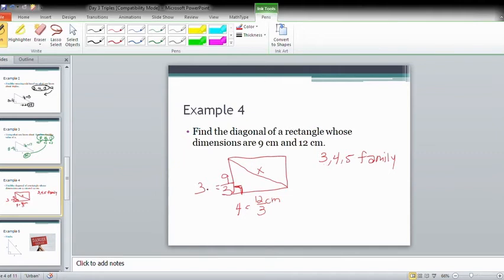So we did 3 times 3 to get to 9, 4 times 3 to get to 12. So 5 times 3 is going to give me my diagonal. So 15 centimeters, right? Nice tricks knowing those families or those triples.